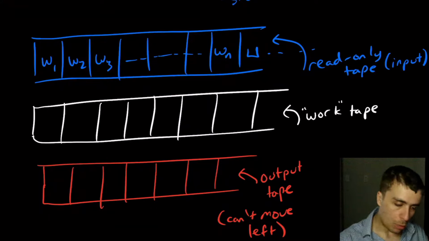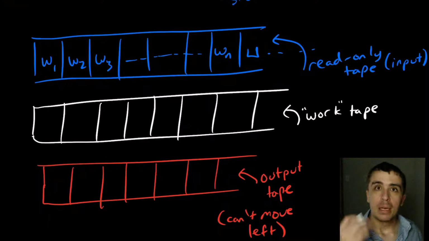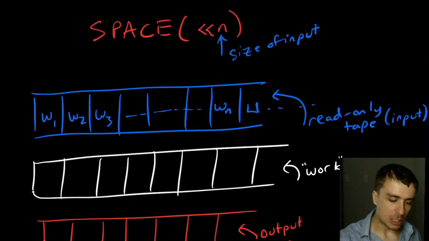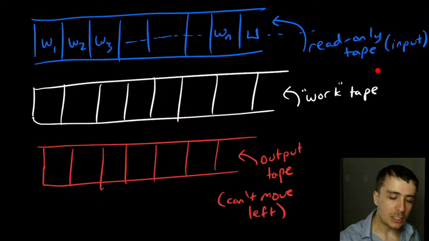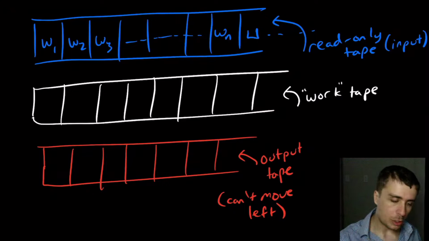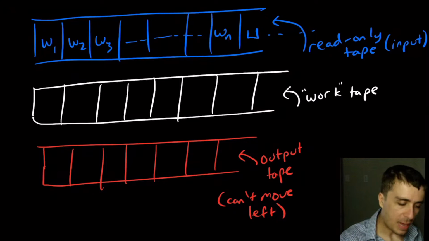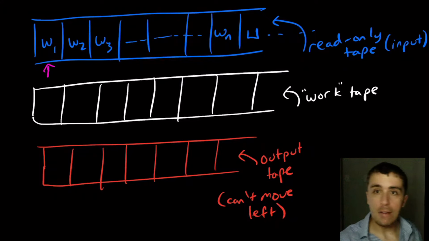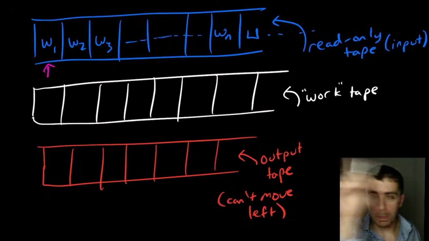So what are we going to consider? The amount of space that we're allotted based on the space function is going to be whatever's on the work tape. The read-only tape we aren't going to count against us, because the only thing we could ever really do on it is observe the cell and move the pointer around.